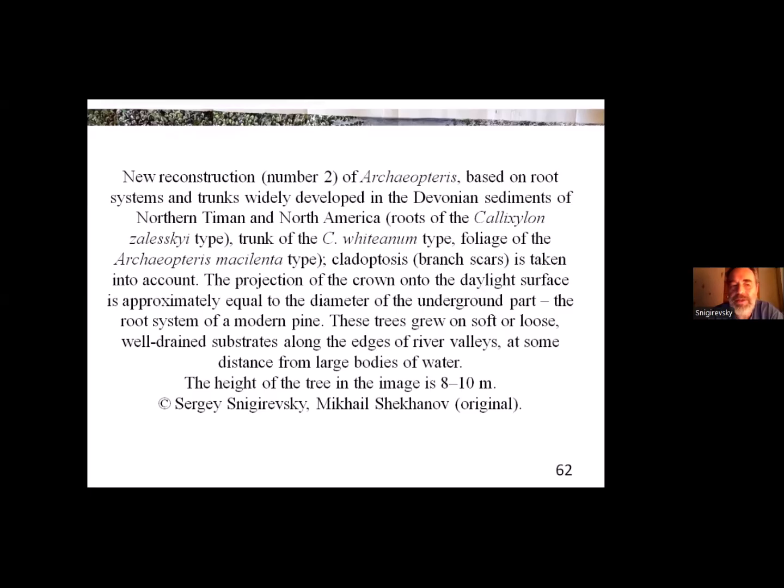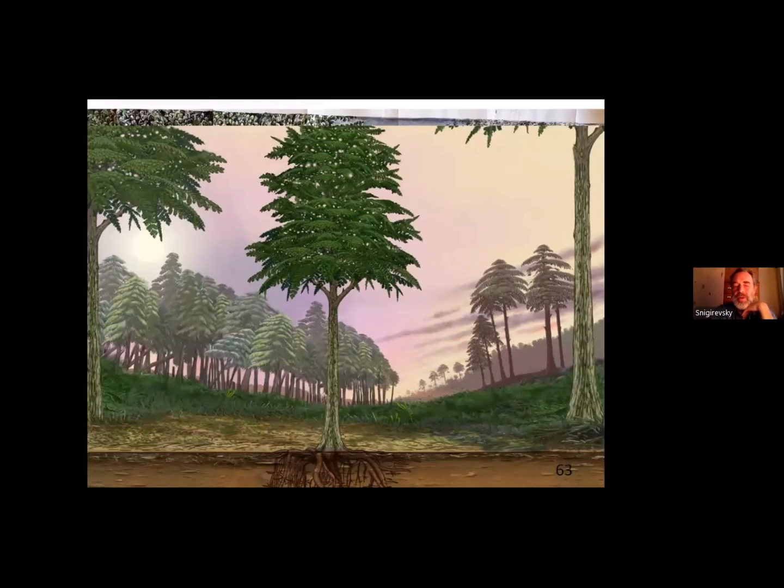Another one is a reconstruction based on trunks from North America and Northern Timan, of the collection Zalessky type, with the trunk of the collection Whiteana and foliage of Archaeopteris macilenta type. You can see here the projection of the crown on the surface.